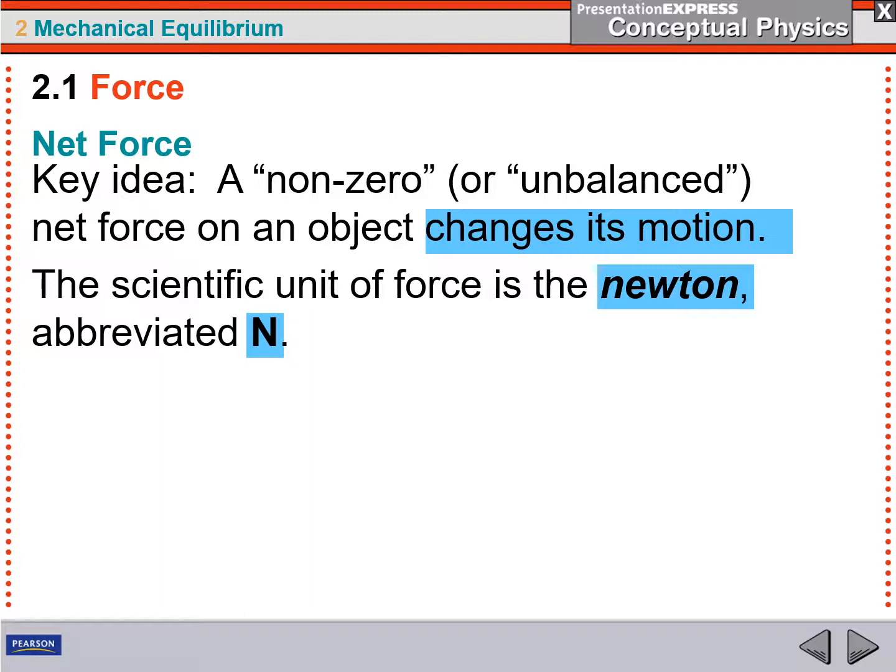When you use the word Newton as a unit of force, you do not capitalize it like Isaac Newton's name would be capitalized. However, you do use a capital N to abbreviate it. You'll run into this a lot when there's a unit named after somebody. It's a lowercase word, but an uppercase abbreviation.